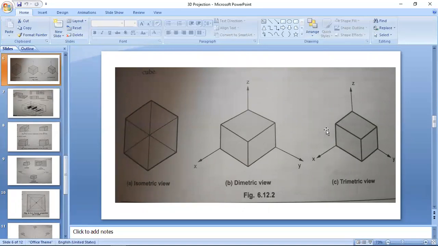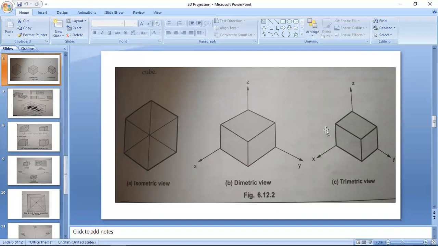And in this projection, we can display more than one face of an object. Such an orthographic projection is called axonometric orthographic projection. The most commonly used axonometric orthographic projection is the isometric projection.